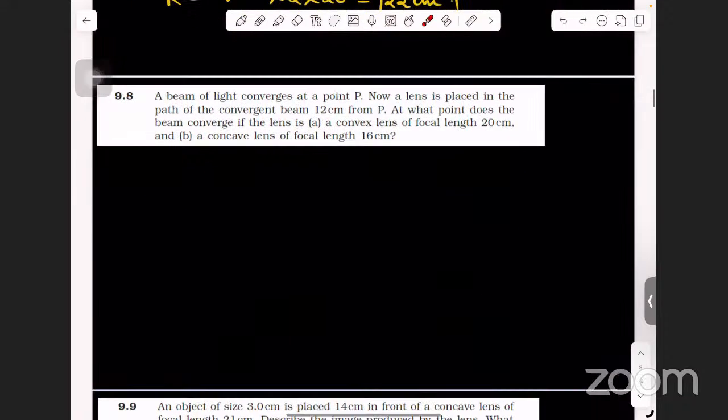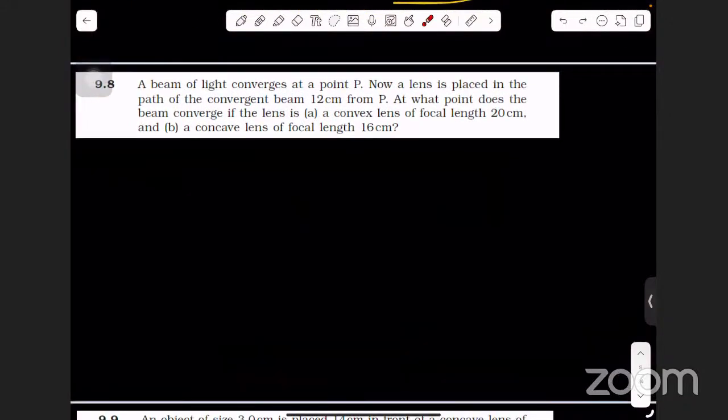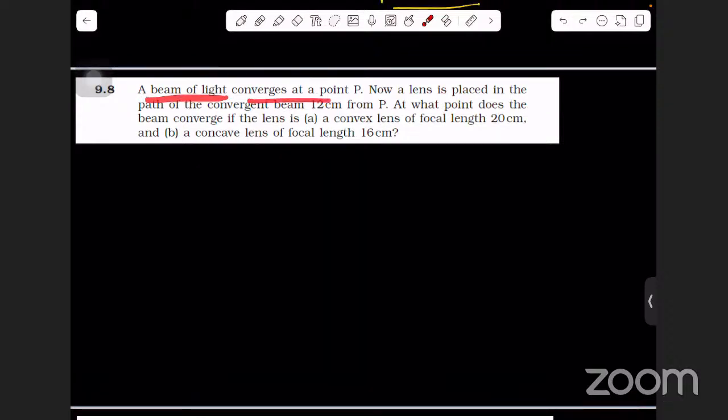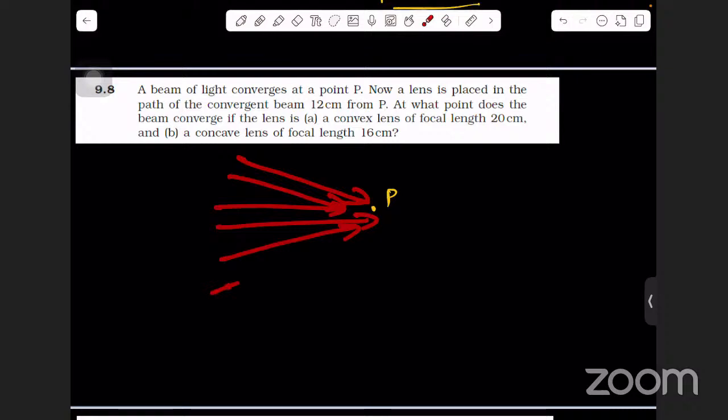Let's move on to the next question. The next question says a beam of light converges at a point P. I have a point P and a beam of light just comes and converges on it.